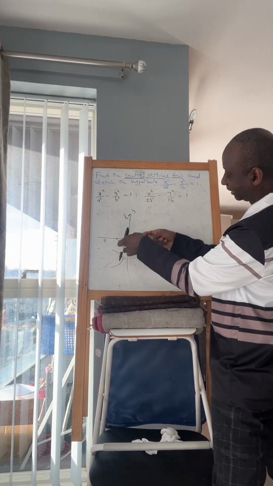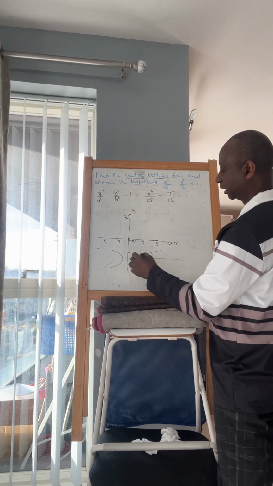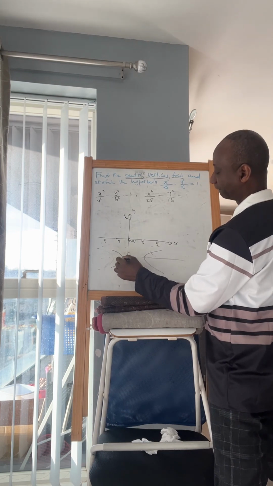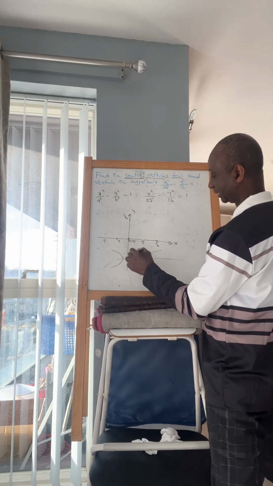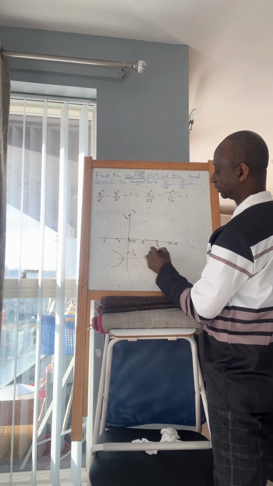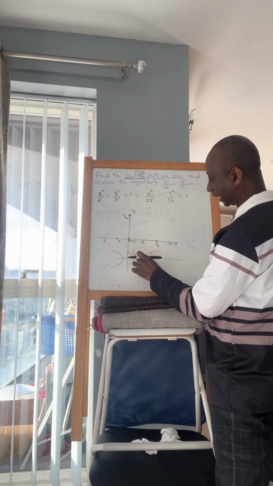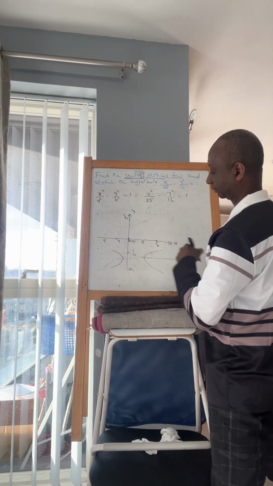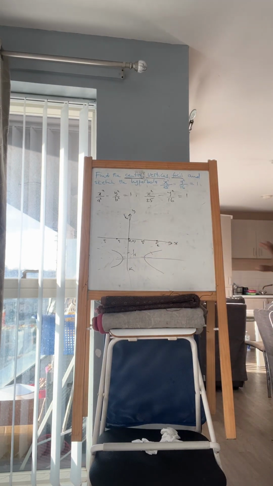But now they are not at the center of the graph. So in that case, we've moved on the x-axis by h and on the y-axis by k. That's the movement we have made.